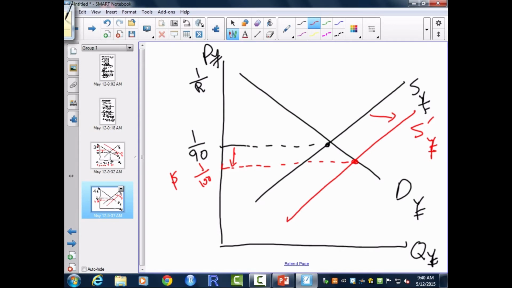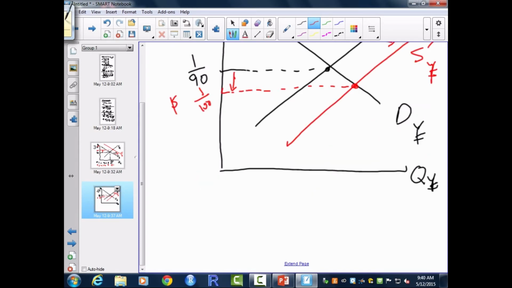This picture is showing the other side of the same coin. It starts at 1 yen equal 1 over 90 of a dollar, and this goes to 1 yen equal 1 over 100 of a dollar.